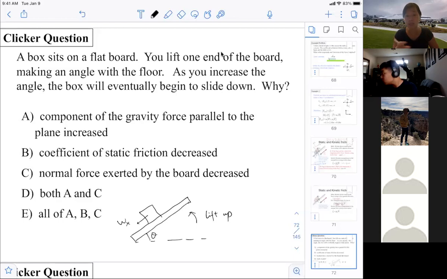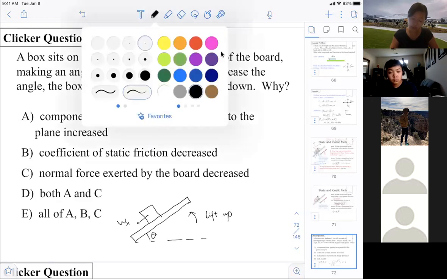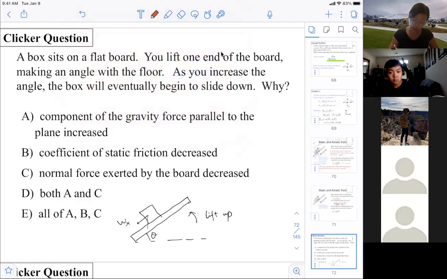Now, depending on what you label as x and y, you technically can label it the other way, but to avoid confusion, our convention is to label along the ramp as x. So this is the weight, this is y, this is x, this is theta.